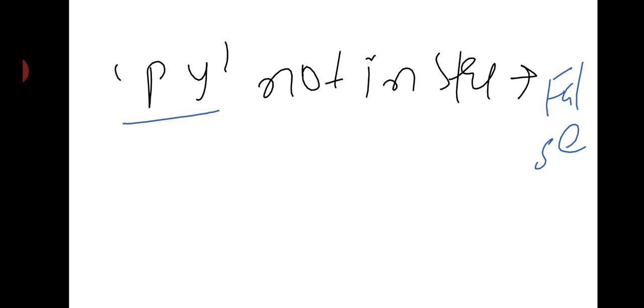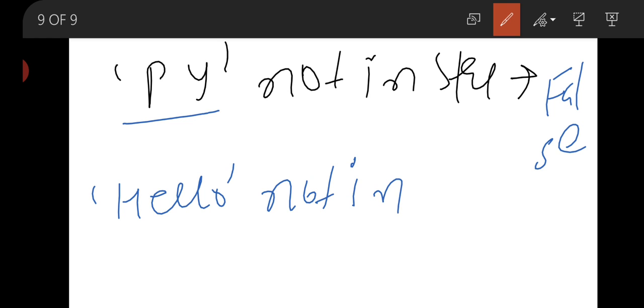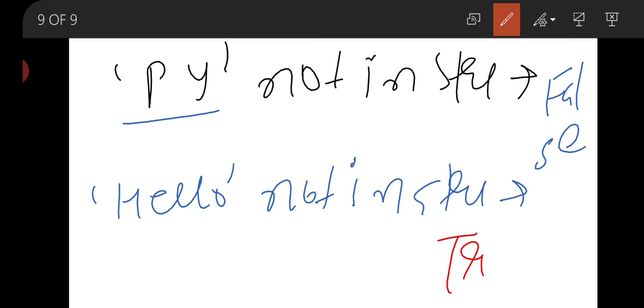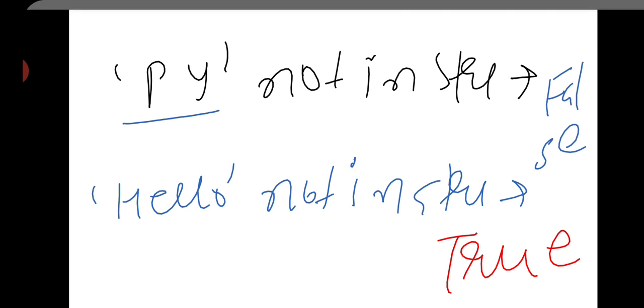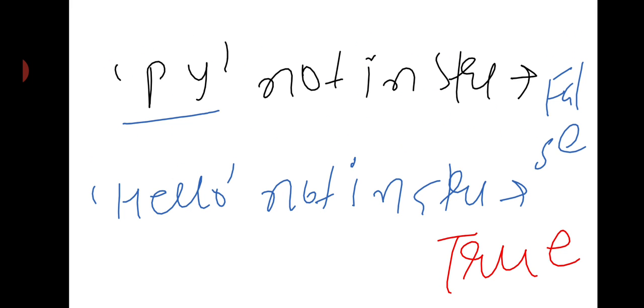Then if we are using not in, this will return false. If we write hello not in str1, then our result will be true, because hello is not present in python. This statement is true, so it returns true.